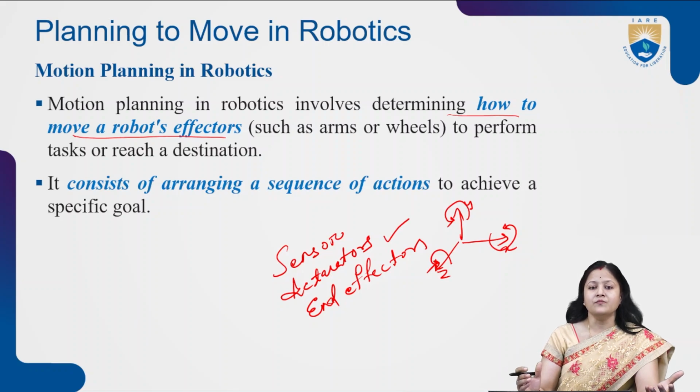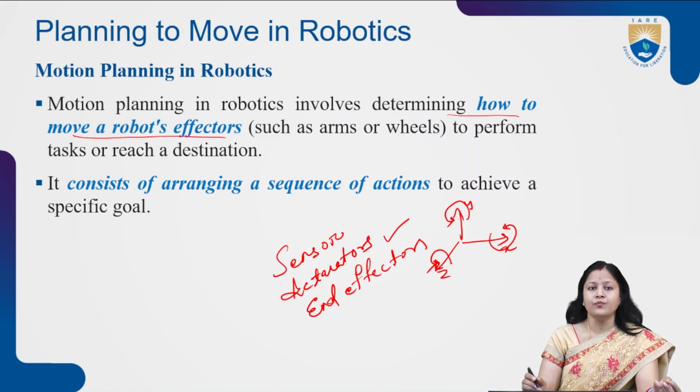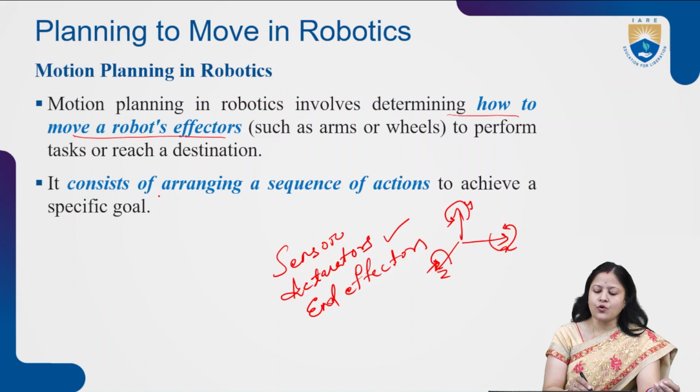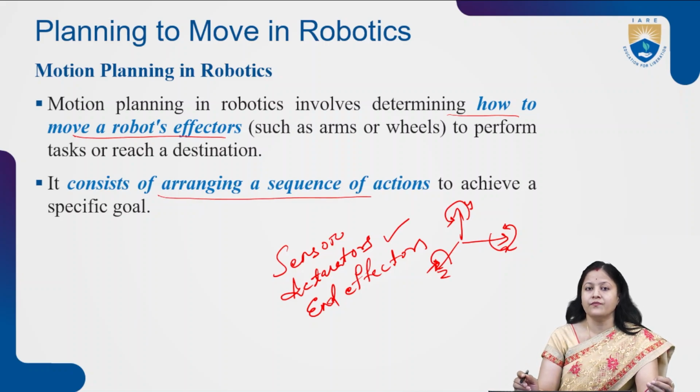With the help of arms and wheels, robots can perform the action. That is why motion planning in robotics involves determining how to move a robot's effectors to perform the task or to reach the destination. So it consists of arranging a sequence of actions to achieve a specific goal.